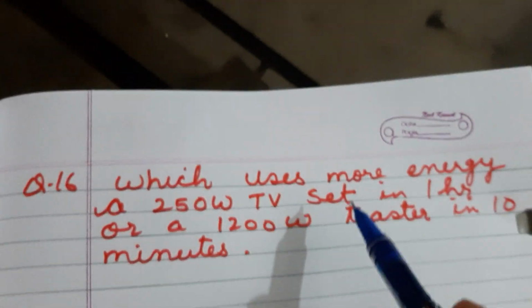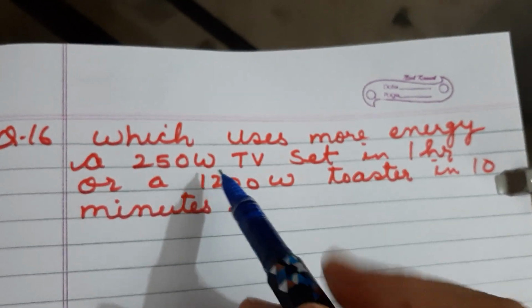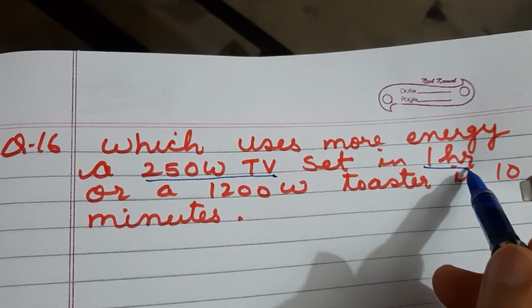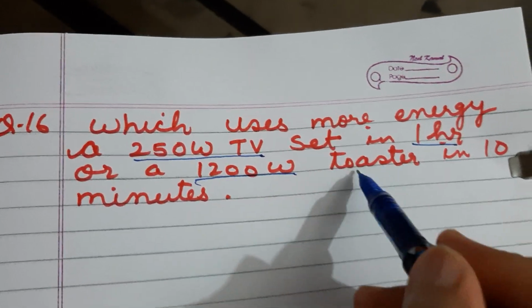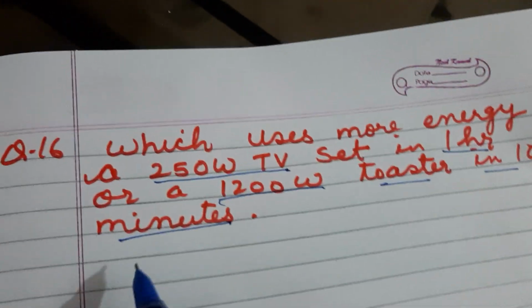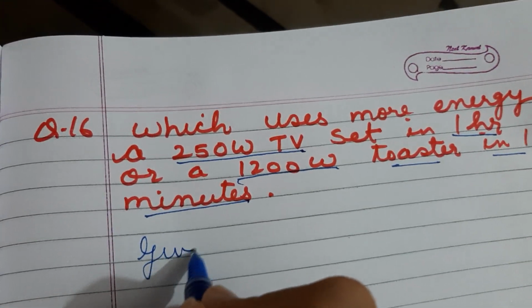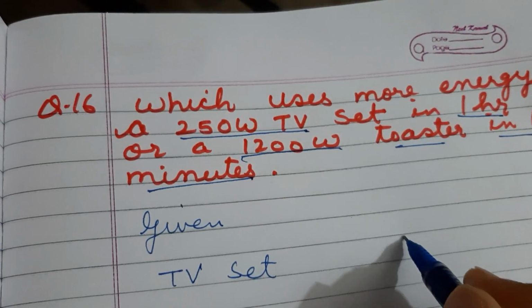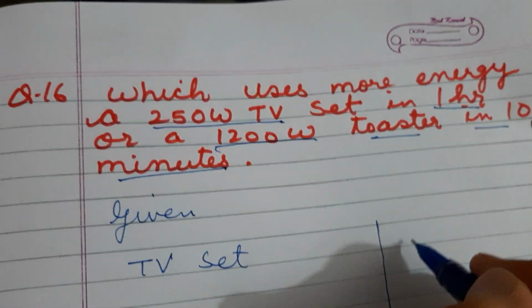Now the next question is, which uses more energy, a 250 watt TV set in 1 hour or a 1200 watt toaster in 10 minutes? First we will write what is given for the TV set, and the second one is for the toaster.